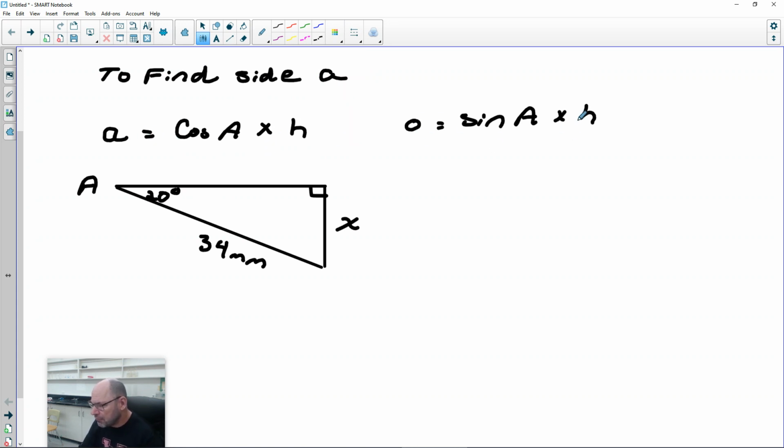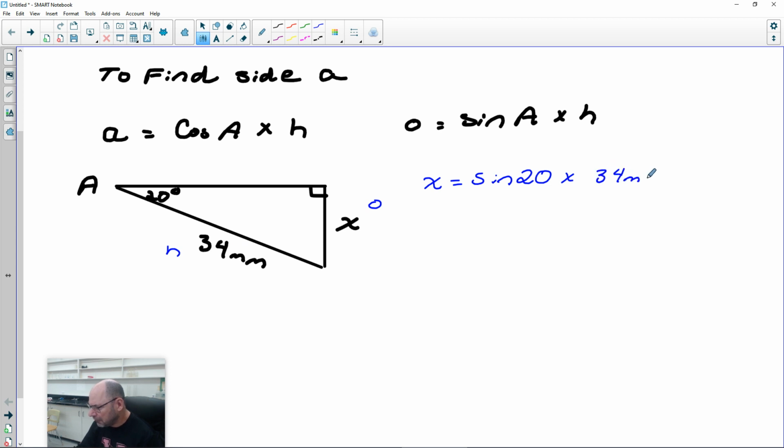This one is opposite and hypotenuse, this one's adjacent and hypotenuse. So opposite and hypotenuse, that's this one. So X equals sine 20 times 34. Simple as that.